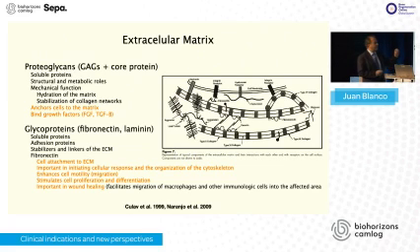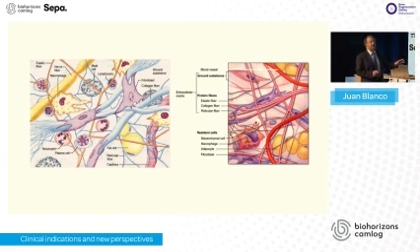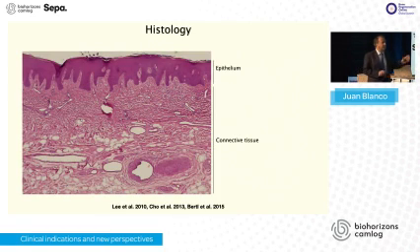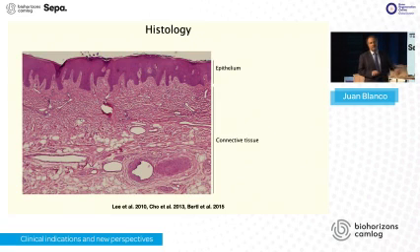So if we are able to keep these proteins in these materials, probably we are closer to natural connective tissue, where they all work together, as you can see here.